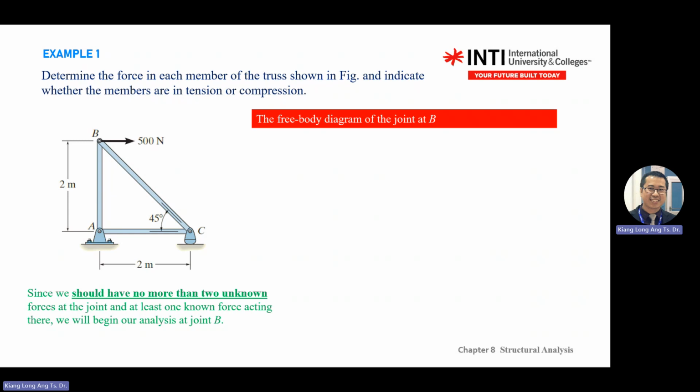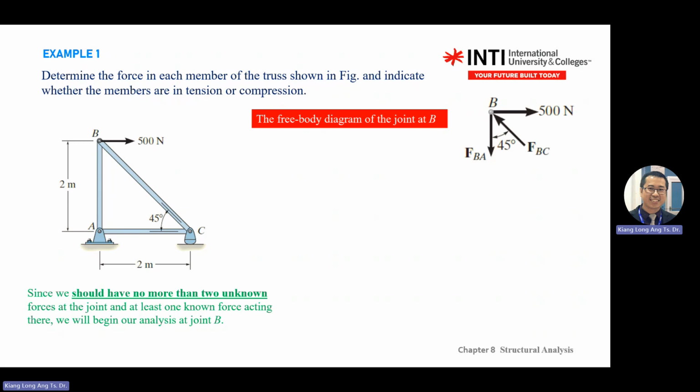We will begin analysis at B. Here you have 2 unknowns, here you have 1 unknown, here you have 1 unknown, 2 unknowns, and then 1 known value there. So that's why you pick point B and not point A and C.